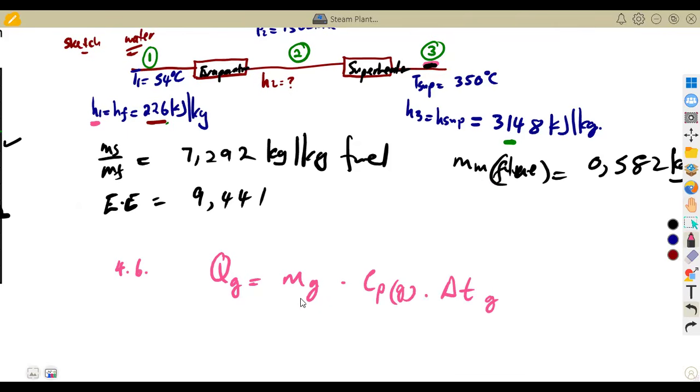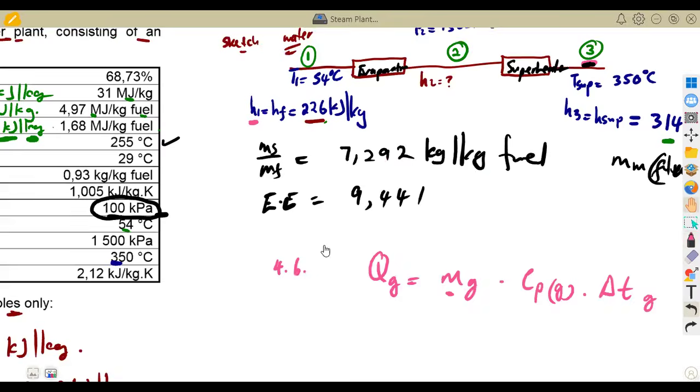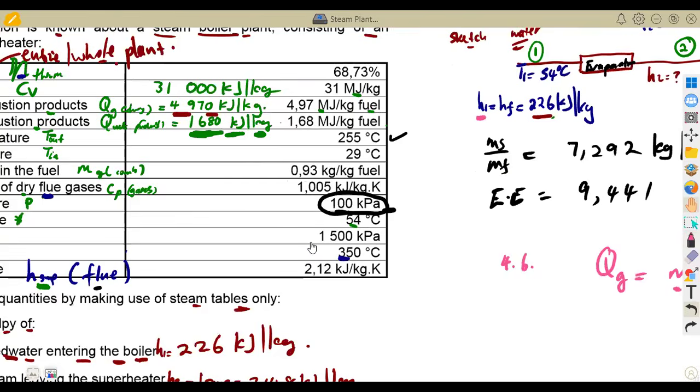But the question is, we do not have this mass. I mentioned also that we can calculate this. Are we given the air fuel ratio? We are not given the air fuel ratio.